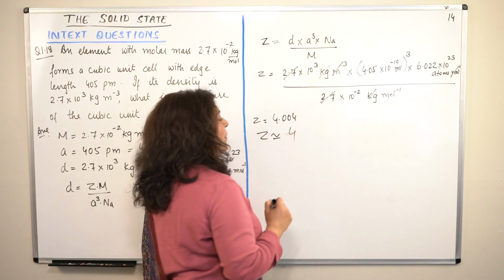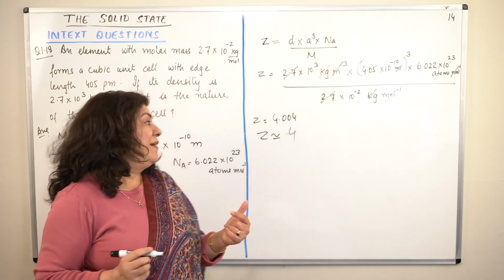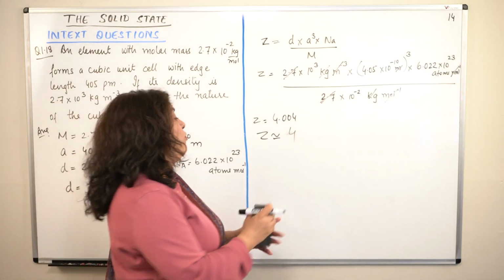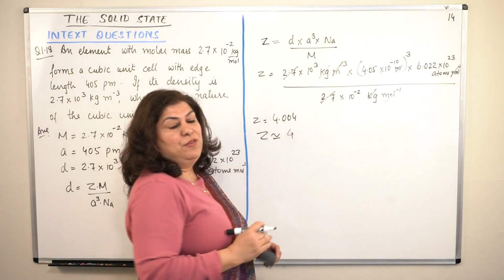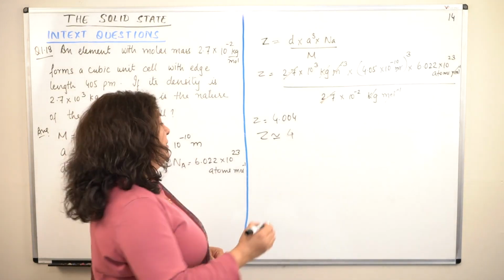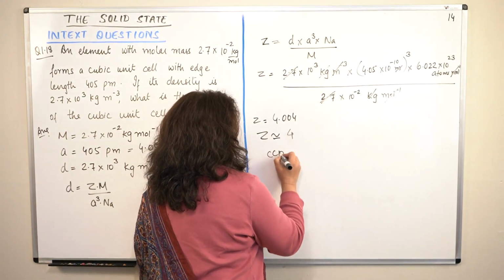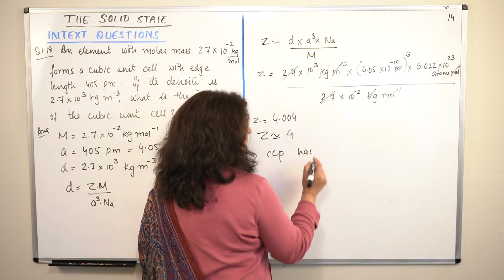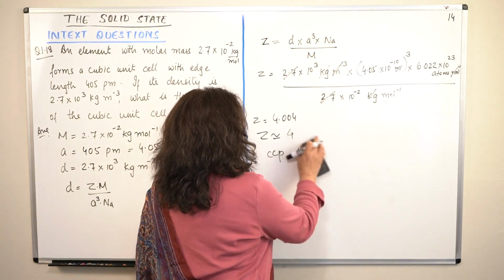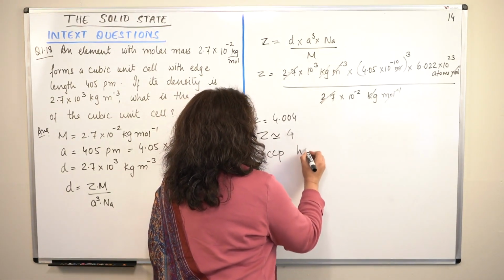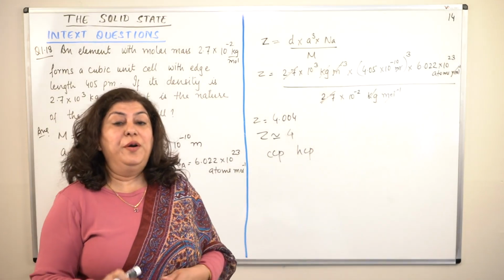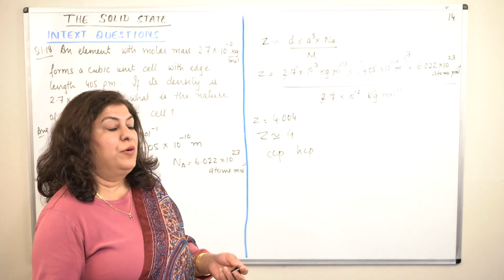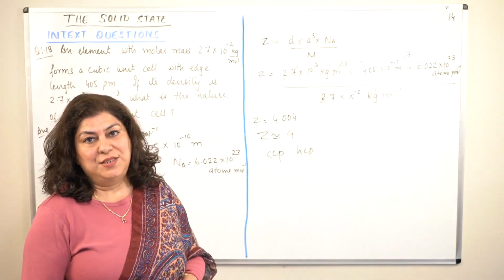So if the value of Z is 4, then what kind of unit cell is it? If the value of Z is 4, then it is either a cubic close packed, CCP, or a hexagonal close packed, HCP.